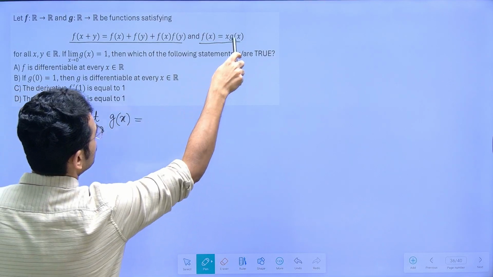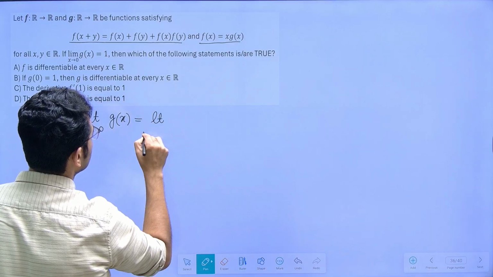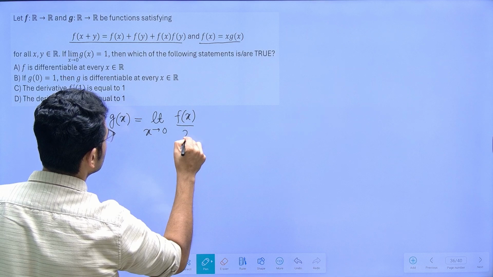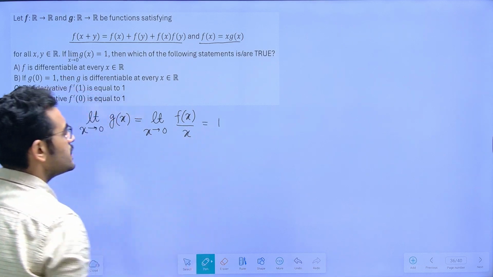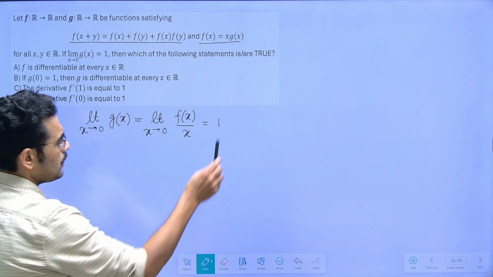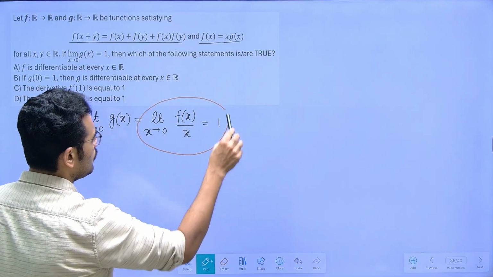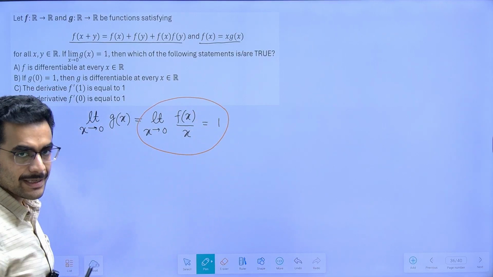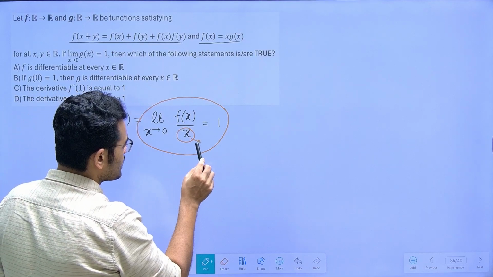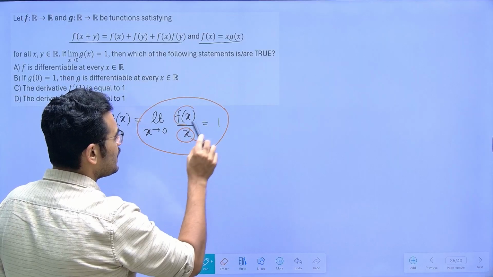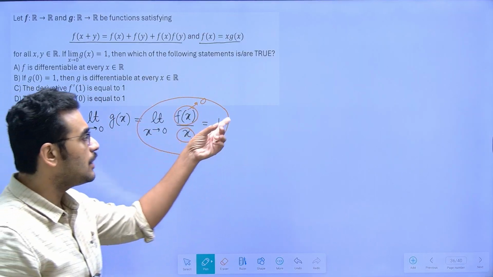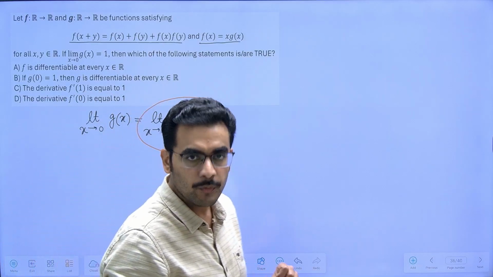That means from here, if you collect the g(x) function, it will be limit x tends to 0, f(x) upon x. This is equal to 1. It is given that this limiting value is equal to 1. Now, if we concentrate on this limiting value, limit x tends to 0, f(x) by x equal to 1, you see that the denominator is tending to 0, so the numerator must tend to 0 only, because if it is 0 by 0 form, then only we can get a finite limiting value, right?